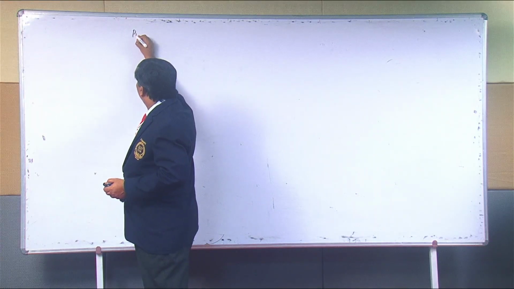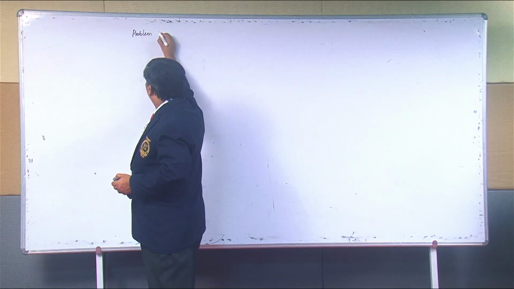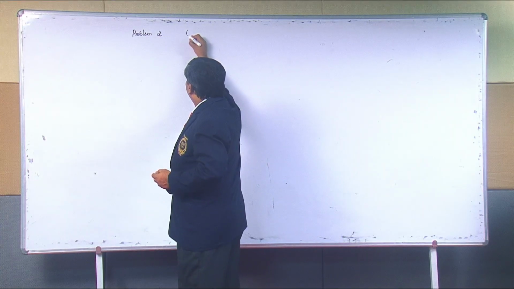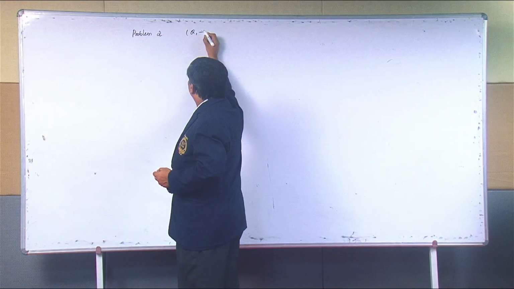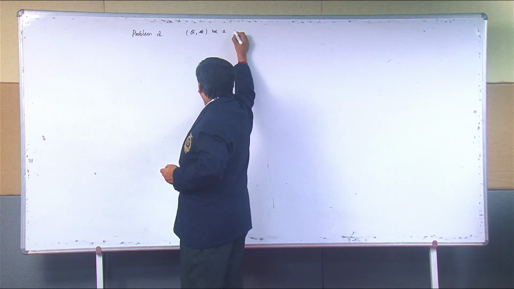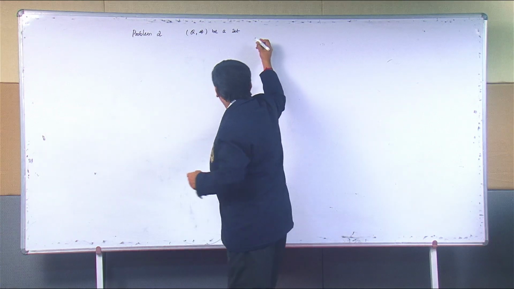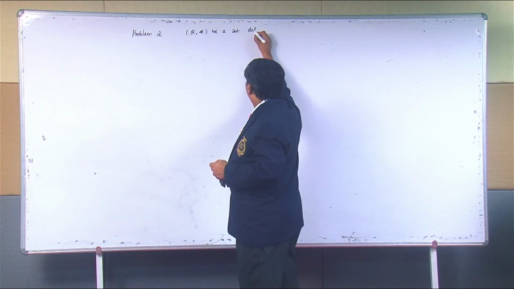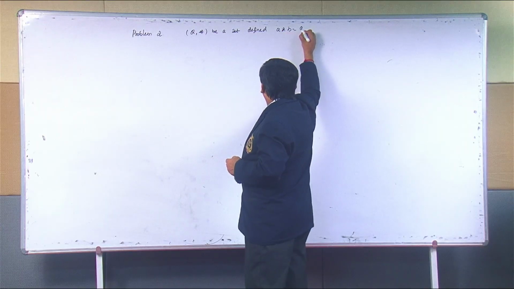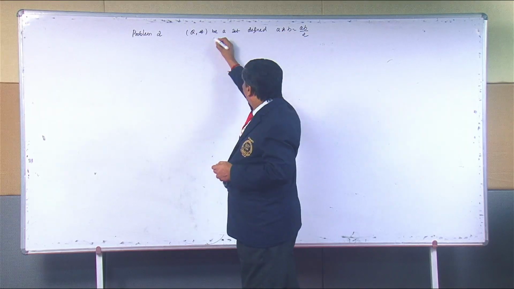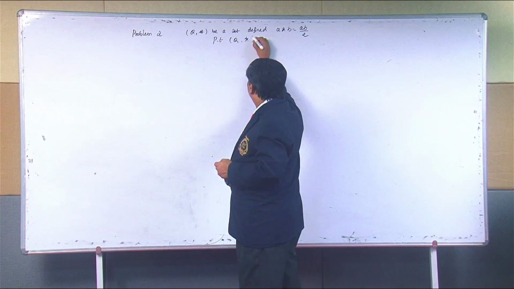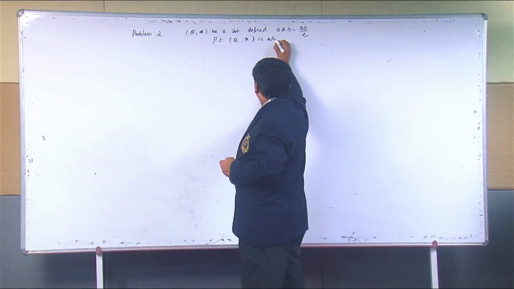Problem 2. Let Q comma star be a set defined by a star b equal to ab by 2. Prove that Q comma star is an abelian group.